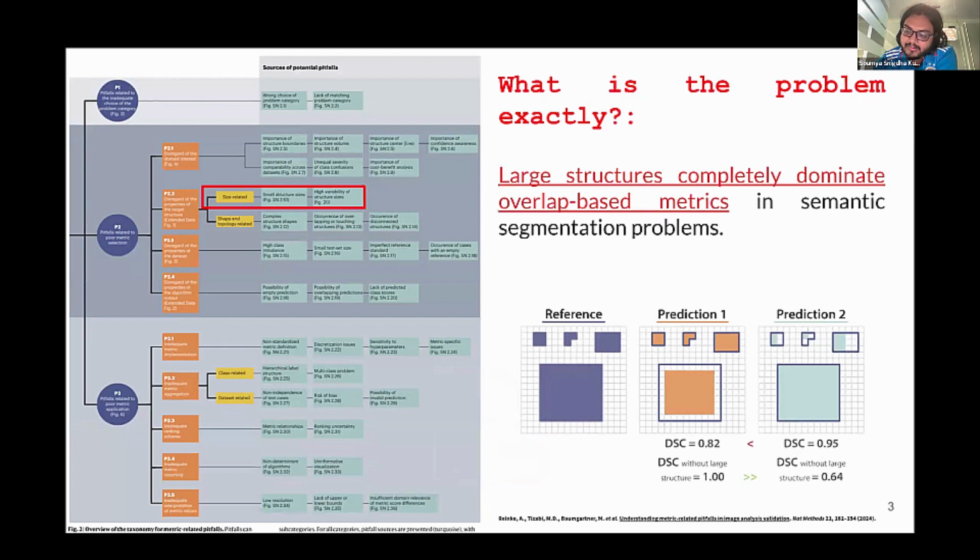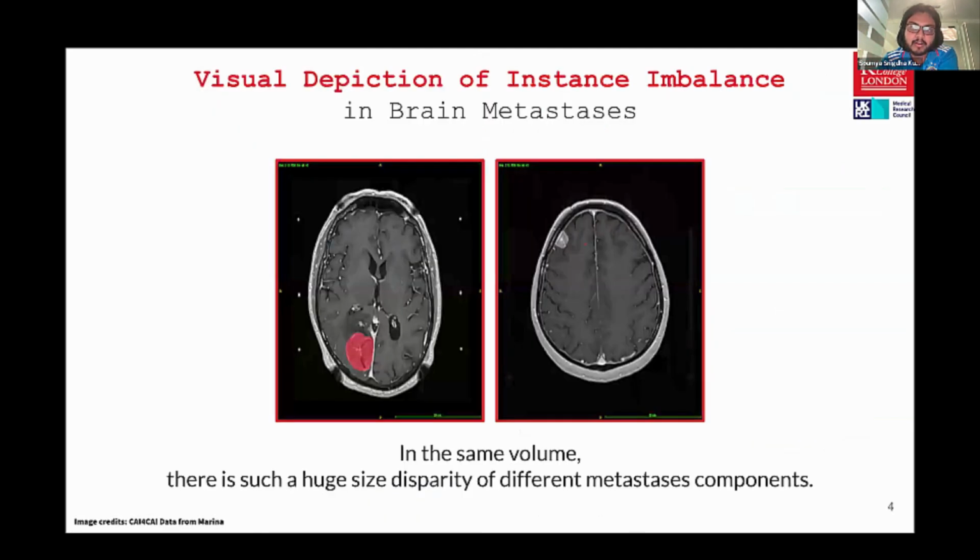If the large instance is missing bits and pieces and the other three are full, it's an 82 dice score. But if that changes, it becomes a 95 dice score for essentially the same number of misclassified pixels. That's basically the issue with dice: the way the metric is developed, it's very biased towards larger instances from the metric perspective, not the loss, as we will see later, but just from the metric.